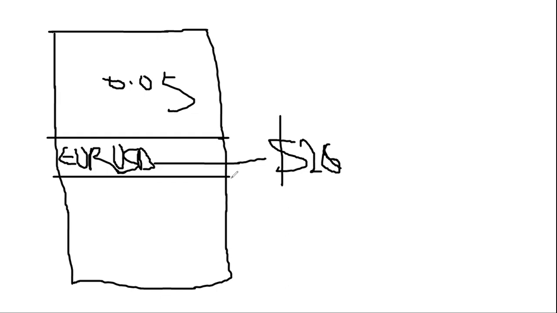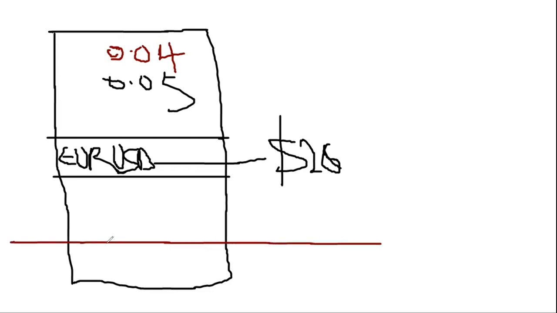You hold that Euro USD down, then you type in 0.04. At the bottom, you will see something like close with profit, $16.